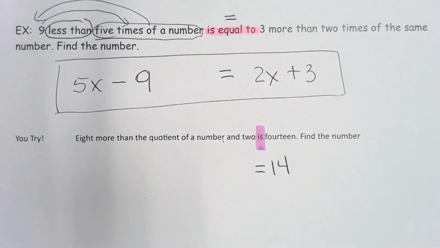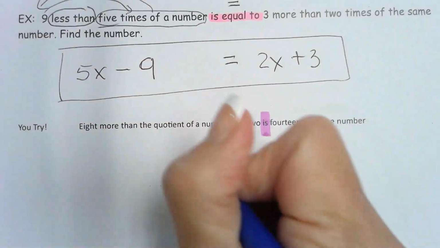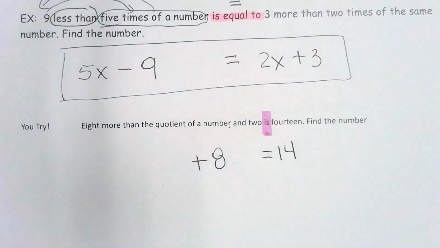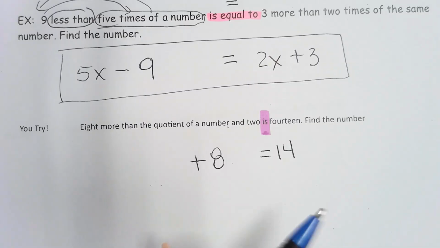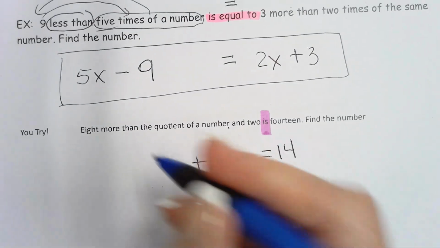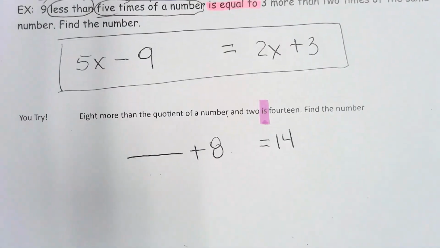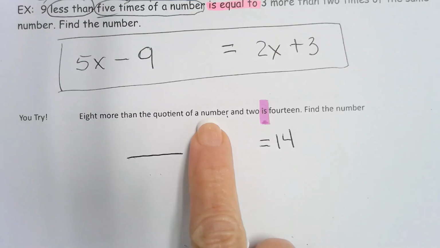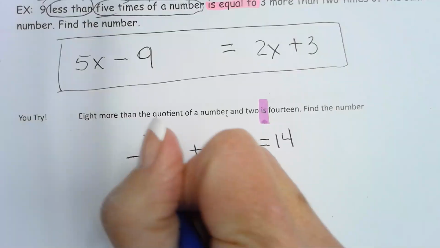And now let's back up a little bit. 8 more than, so I could do this. The quotient, what's quotient? Division. Now, y'all, I know you probably did a division symbol, but I like the division bar. What goes on top and bottom? A number comes first, it goes on top. 2 comes second, it goes on the bottom.